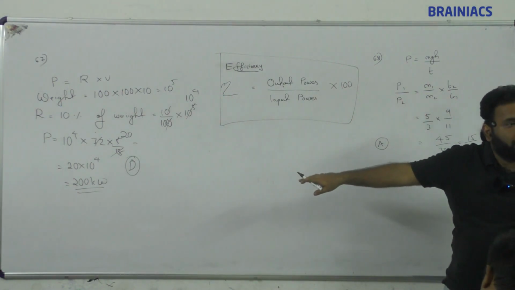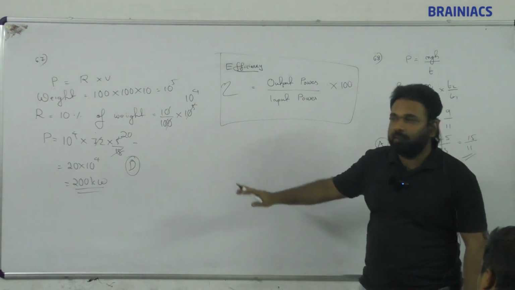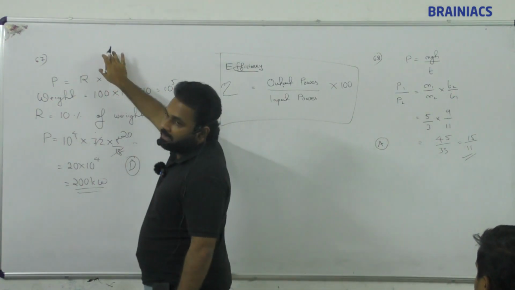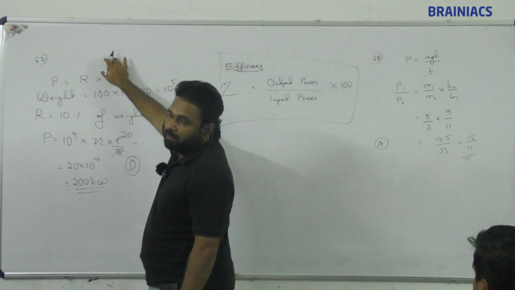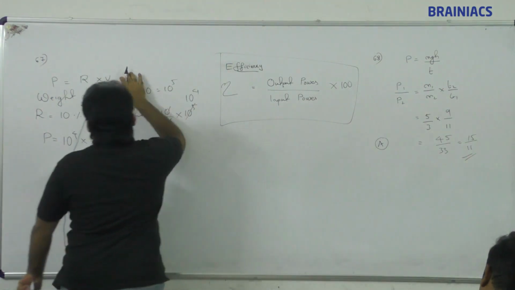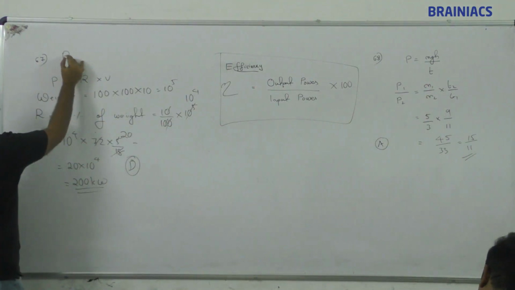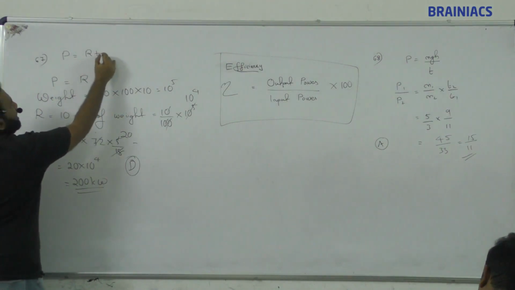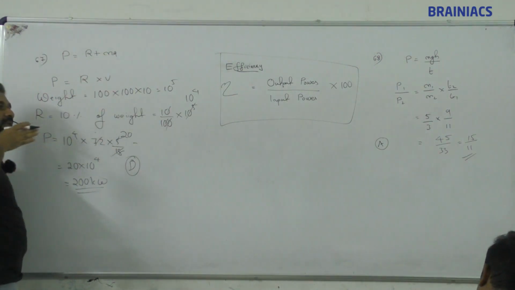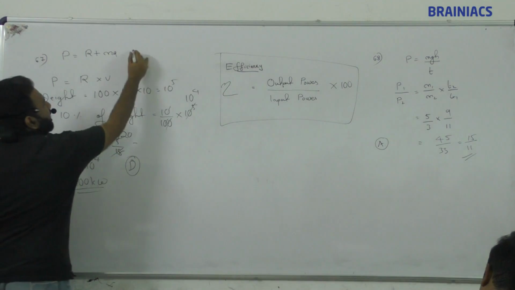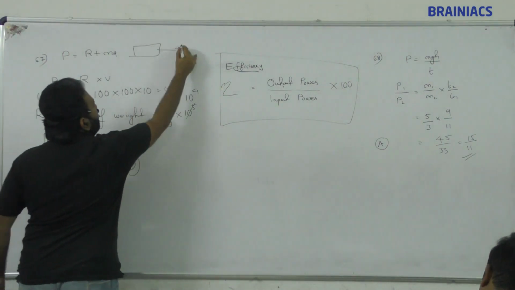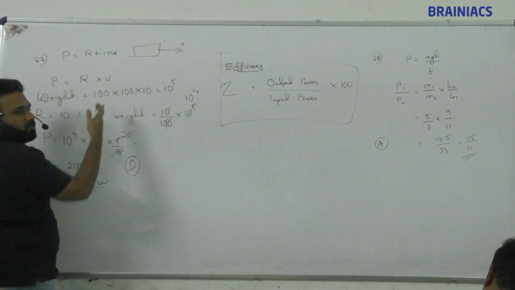Purila asks why mg is not taken, why the weight of the vehicle is not taken? See, previously we wrote R plus ma when the acceleration was in the direction of motion. If the vehicle is moving in this direction, then we can take this one.